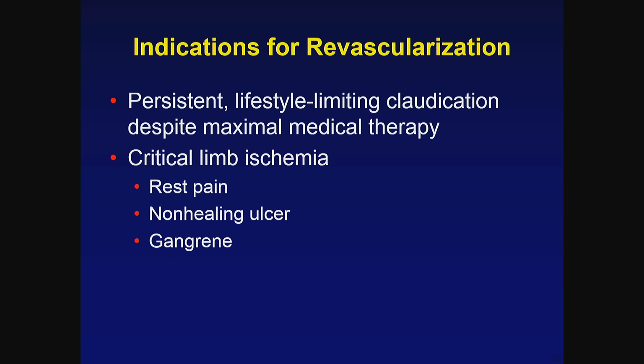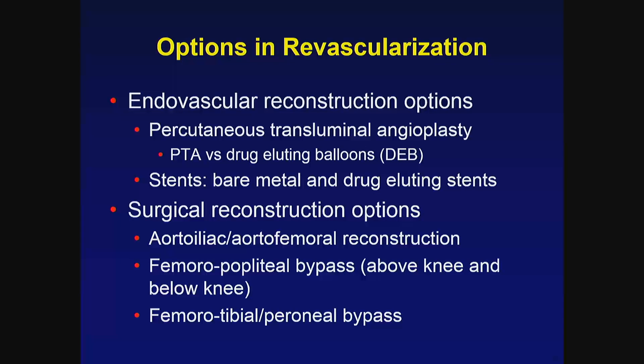Now, in patients who continue to have lifestyle-limiting symptoms despite maximal medical therapy, which includes, of course, exercise therapy, revascularization may be an option and should be considered. Clearly, in patients with critical limb ischemia and those with high risk of limb loss, revascularization is a matter of urgency.